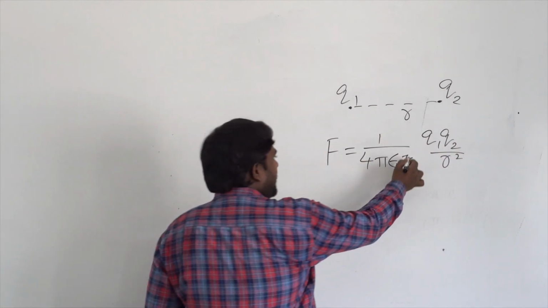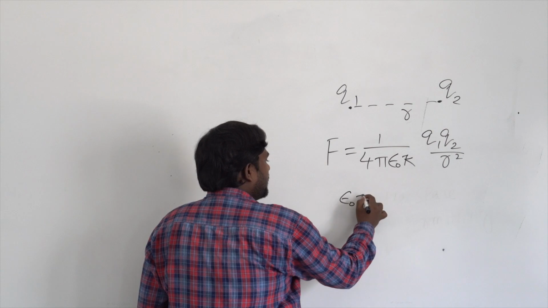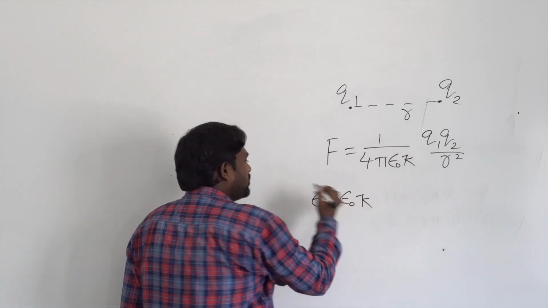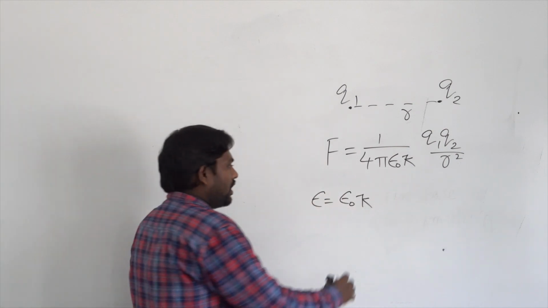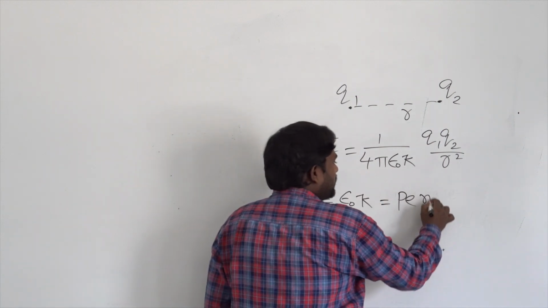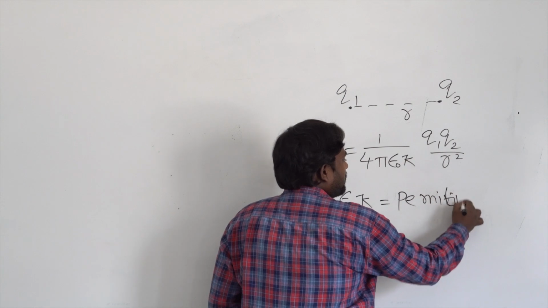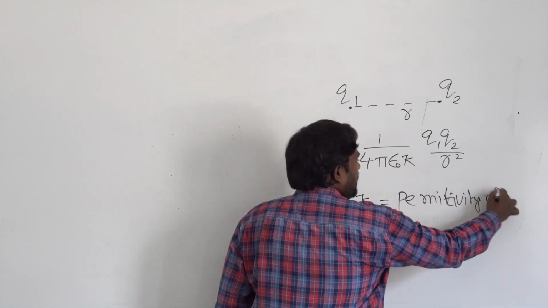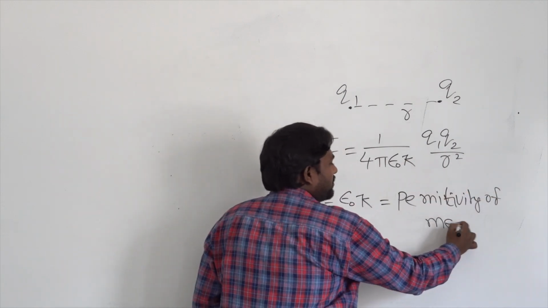Here this epsilon naught K is written as epsilon, which is called the permittivity of the medium.